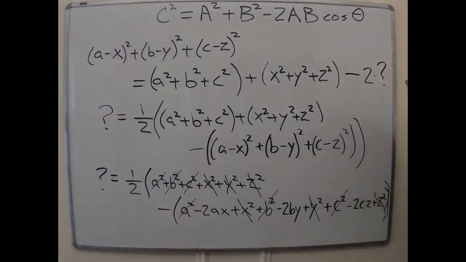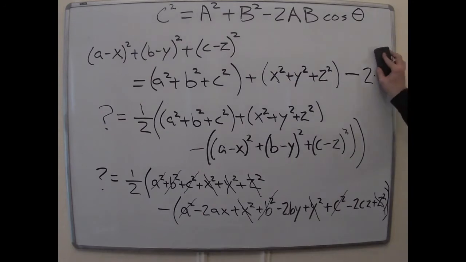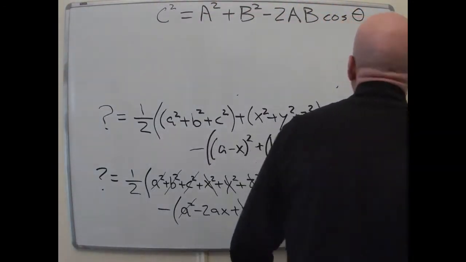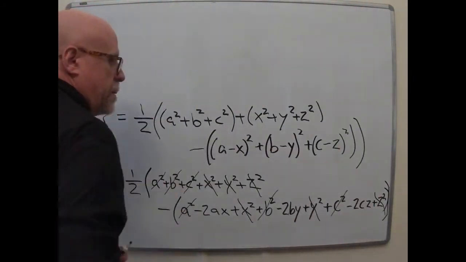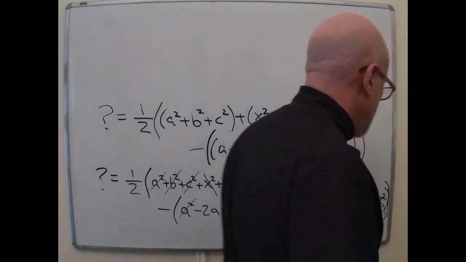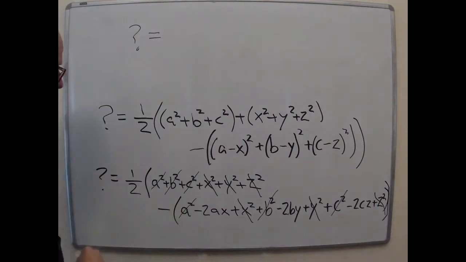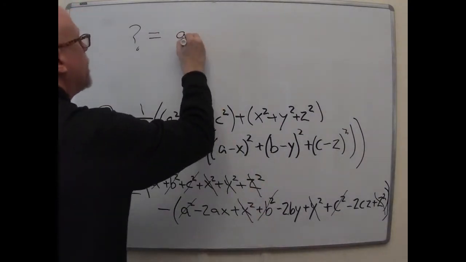Those all have a minus sign associated with them, and a 1/2, right? So that's really just the products of corresponding terms. The question mark that I identified is just equal to ax plus by plus cz.